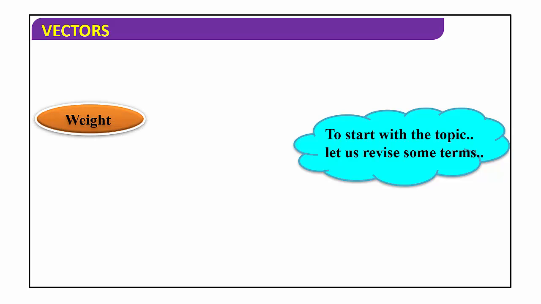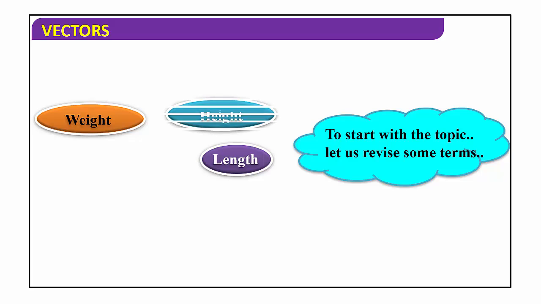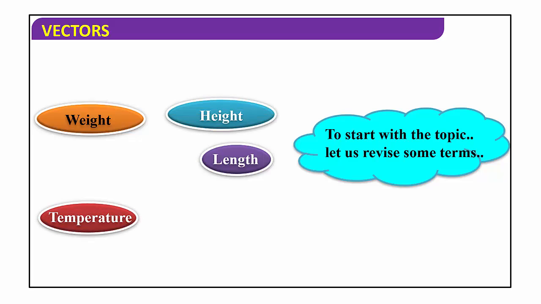You can observe weight, length, height, temperature, pressure. For example, we can say that the weight of a man is 50 kg. Height of the building, we can take 100 meter.